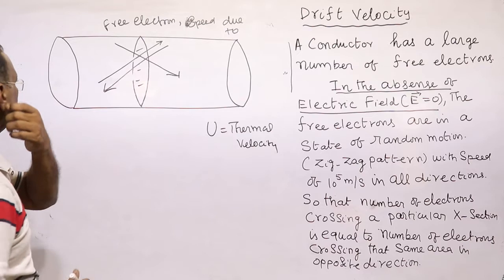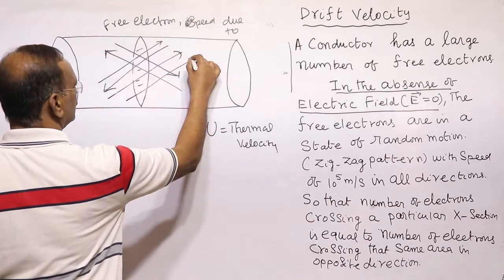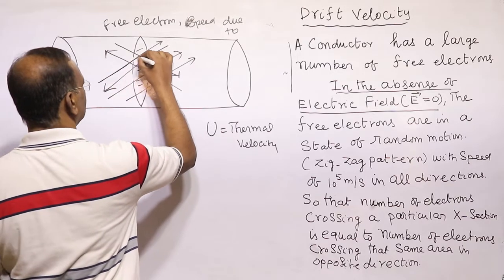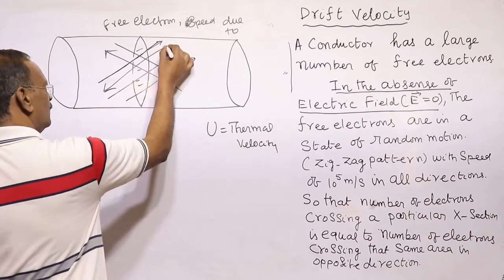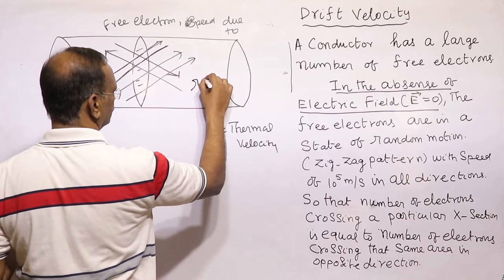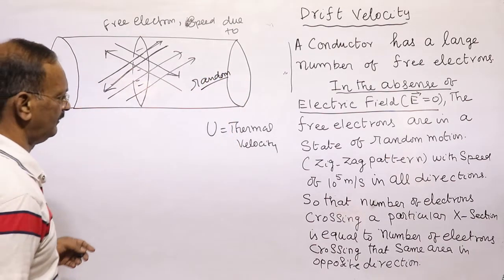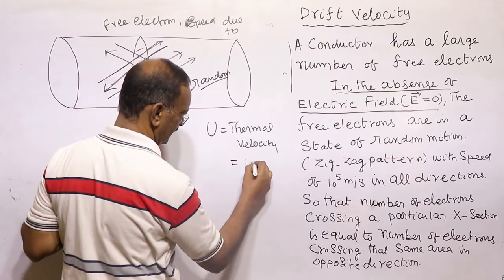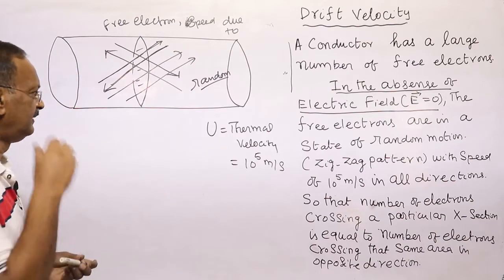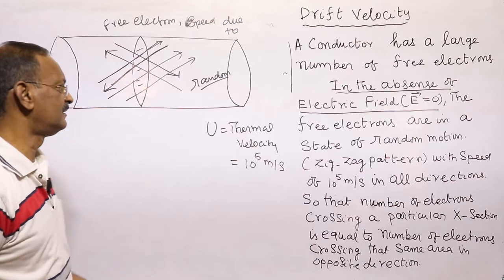So thermal velocity: one will move like this, one will move like this. This is the charge, that is, the electron, moving like this. It is zigzag motion, random motion, with a velocity equal to 10 to the power 5 meters per second, a very high speed, but the speed is due to thermal energy, so we call it thermal velocity u.